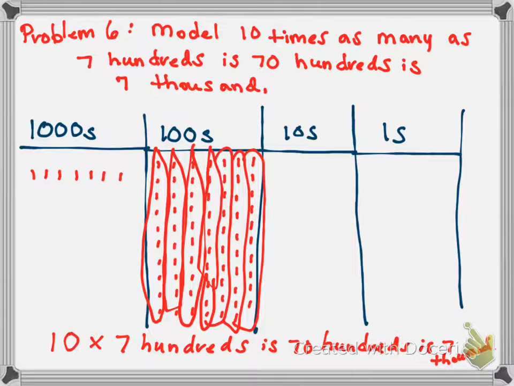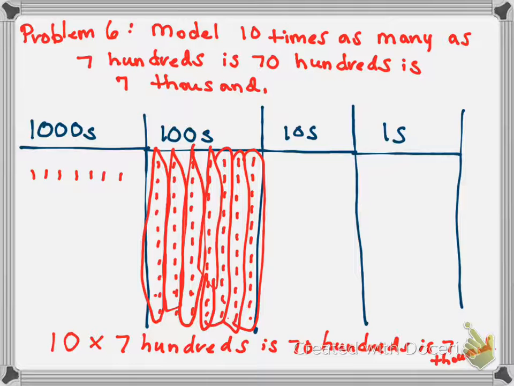We have 7 groups of 10, but we are in the hundredths place, so there is 7 hundredths in this column. If we count by 10s, 10, 20, 30, 40, 50, 60, 70, there's 70 hundredths.